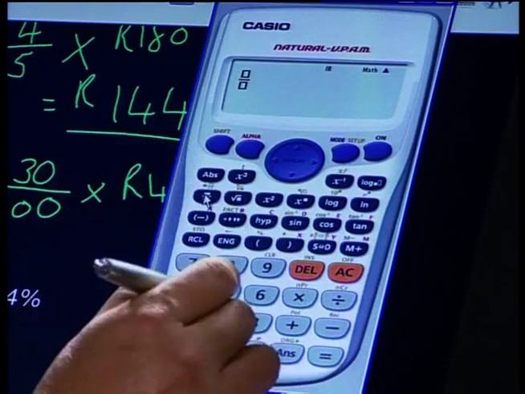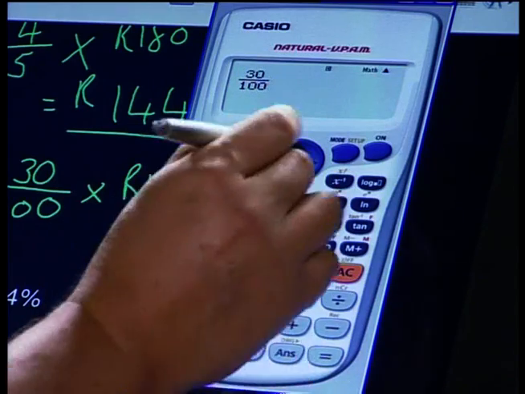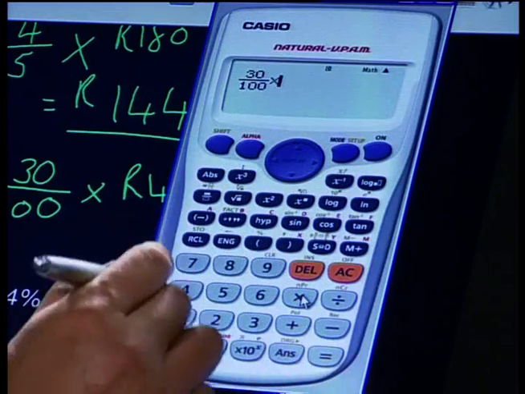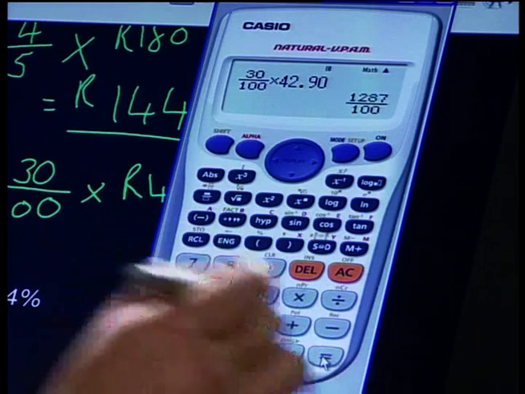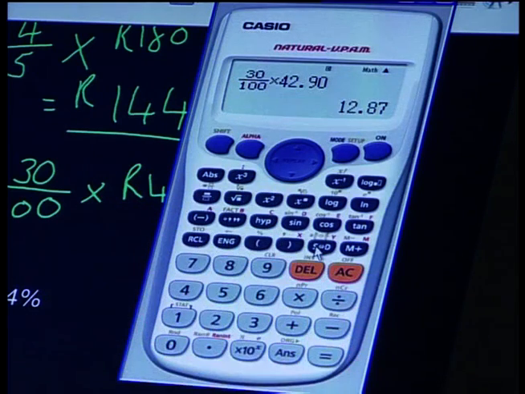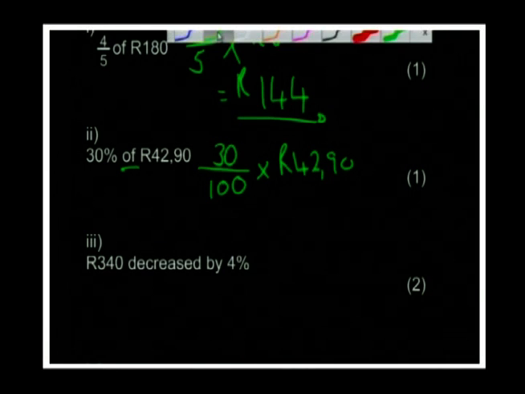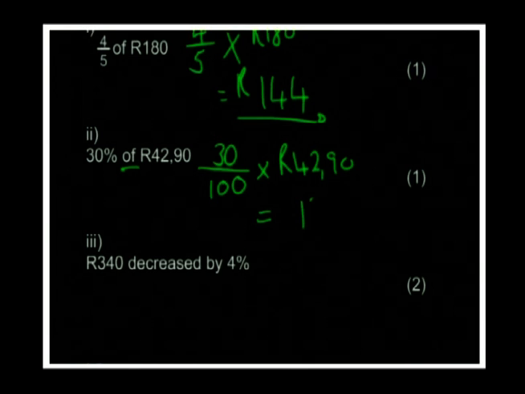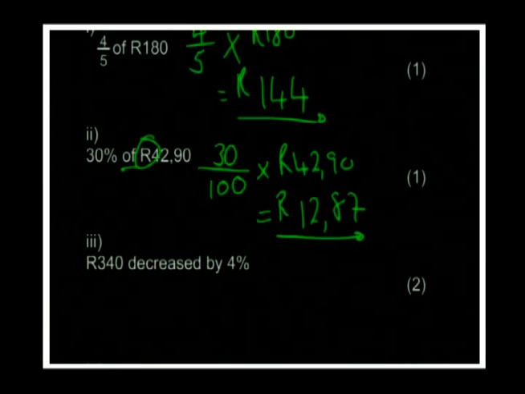I want 30% of 42 Rand 90, remember 90 cents, equals, and there's my answer, 12.87. 12.87 what? 12.87 rands, because the question had rands.